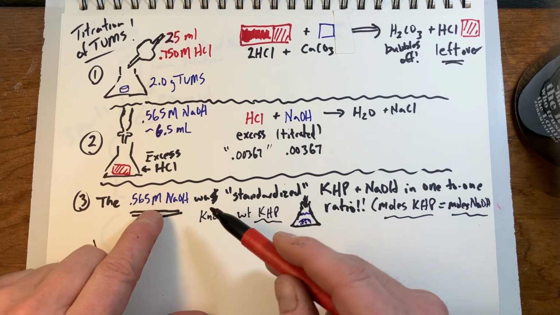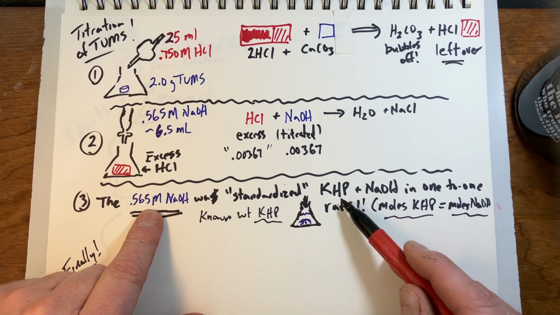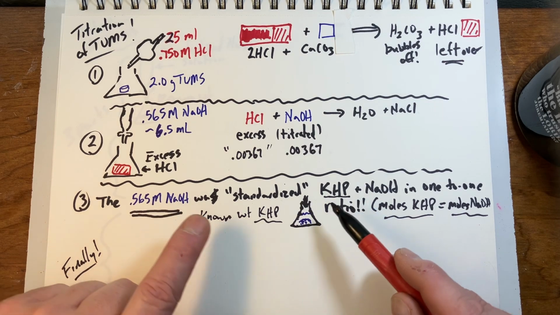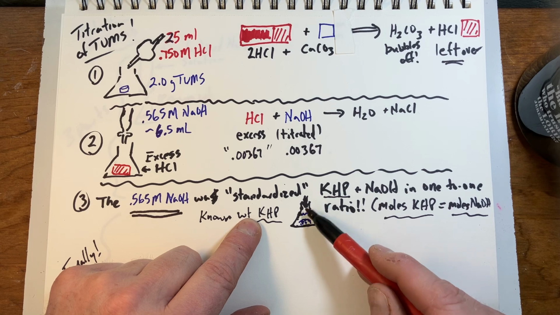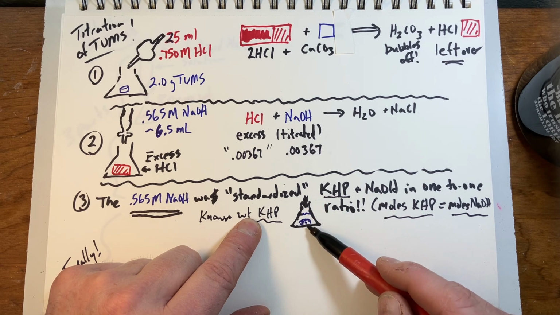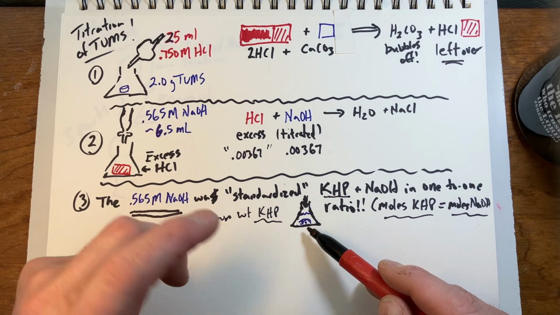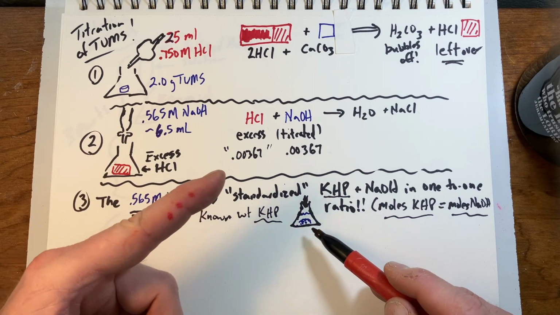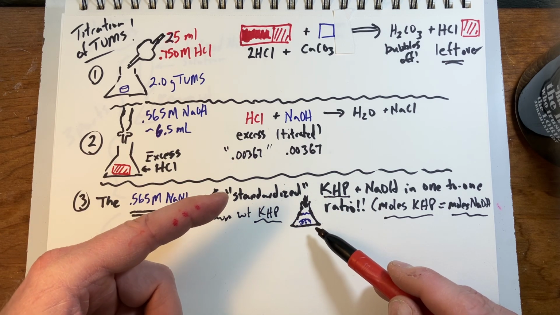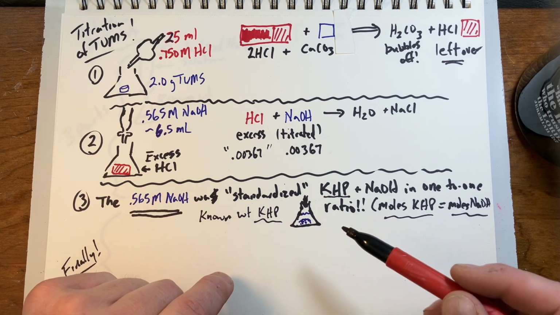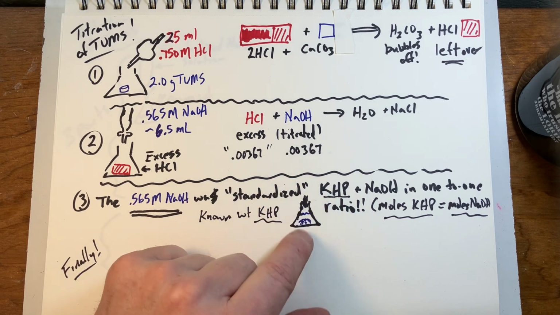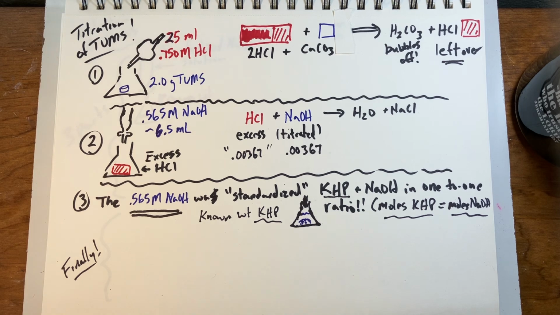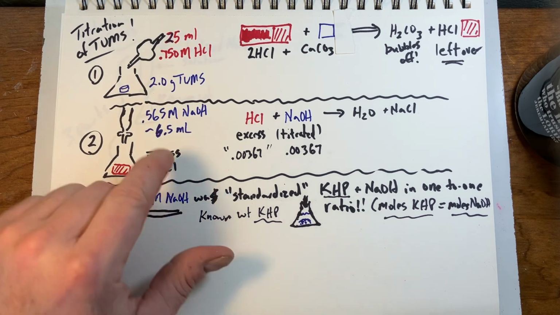We can take the KHP, again, known weight of it, know the moles of it, and if we know how much solution drips into that KHP to make it change from clear to pink, then we know the exact moles of NaOH. It's equal to the moles of KHP. And then we'll also know the volume brought down, and that'll give us our standard molarity for that standardized NaOH solution.